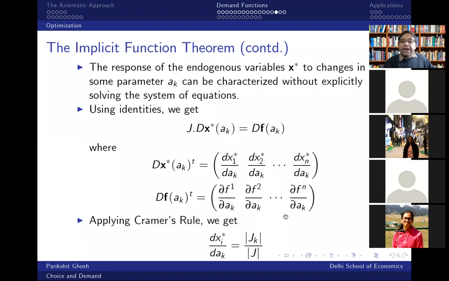So yes, we are not taking a specific functional form of the utility function, but we have made some assumptions about the utility function. For example, all the marginal utilities are positive, and the function is quasi-concave, which tells us something about second derivatives, right?